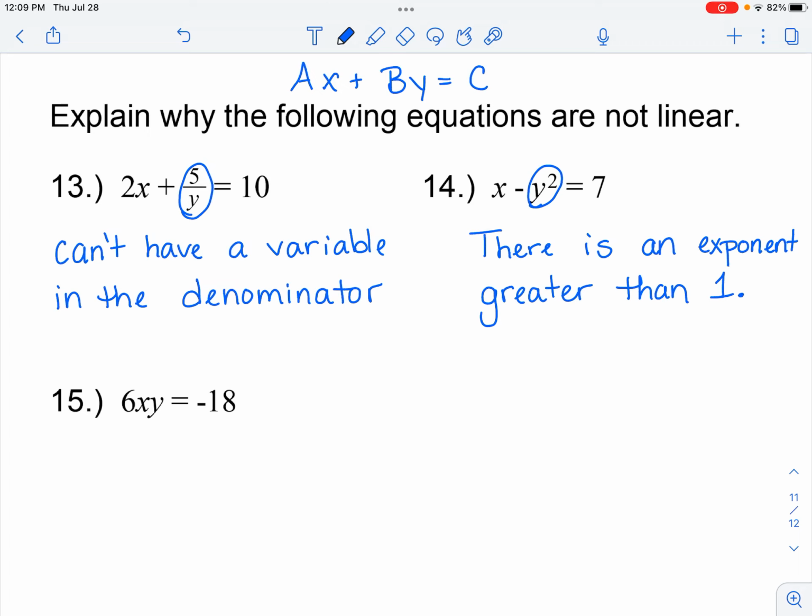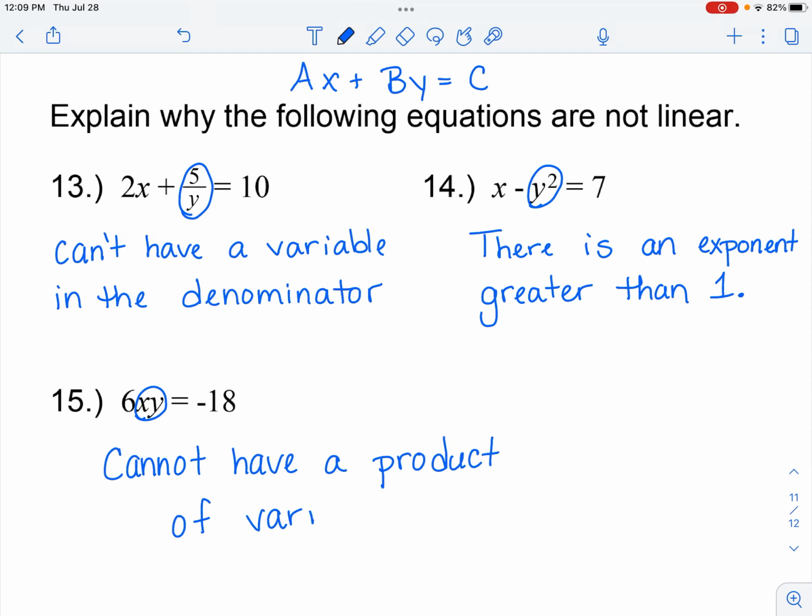So now how about problem number 15? Well, there's a 6x and there's a y, but there's no addition or subtraction between them. It's all one term. So my issue here is the fact that I have x times y. You cannot have a product of variables, because technically, that's creating a higher exponent than 1.